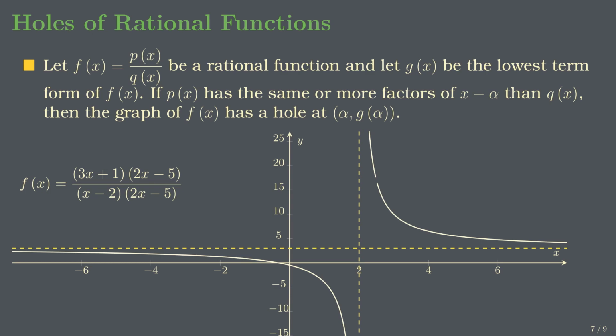So it means that we will have a hole here at the point where we can compute the y coordinate using the lowest term form g of f of x, which is 3 times x plus 1 over x minus 2 in this case. So now we can compute the coordinate of the hole of f of x, which is 5 over 2 and 17 in this way.